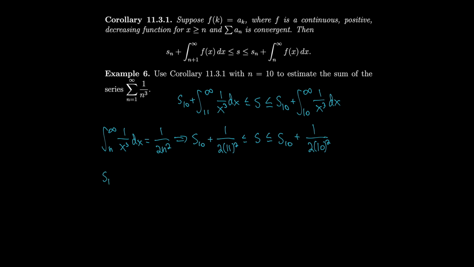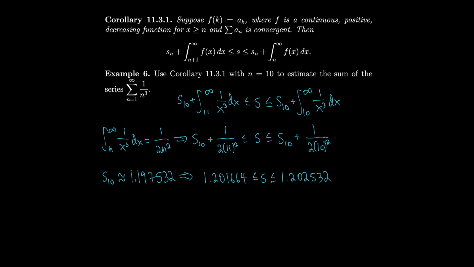As we saw before, our sum of our first 10 terms is about 1.197532. Just go a couple more decimal places. And that means that we have s10 plus 1 over 2 times 11 squared is 1.201664. And our other estimate is 1.202532.